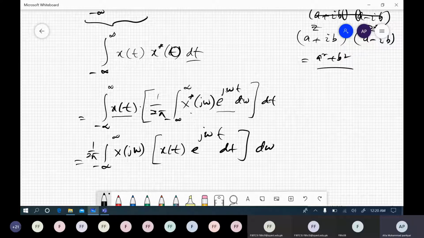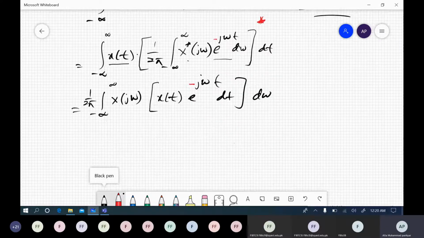If I have made a mistake here, if we compute the conjugate of this whole term, then we will get x of j omega here, and this must now be minus, so here is minus.